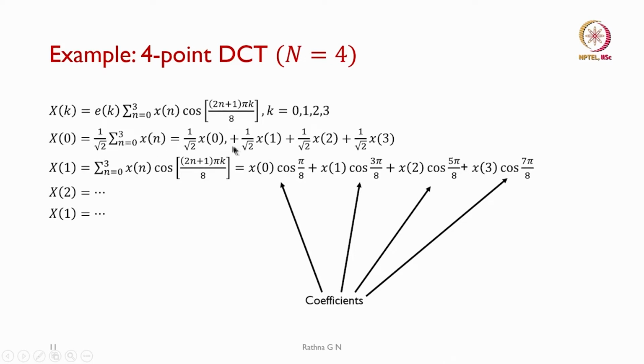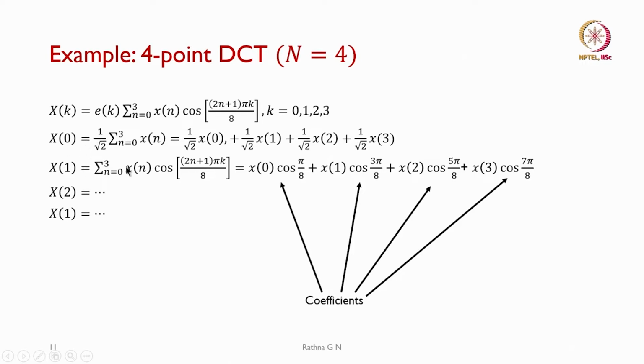So, now X of 0, we know that it is 1 by root 2 summation of x of n, which is given by 1 by root 2 into x of 0 plus 1 by root 2 into x of 1, and so on, up to 1 by root 2 into x of 3. So, all the x of 0 to x of 3 has to be summed, and then we have to multiply by root 2 to get X of 0.